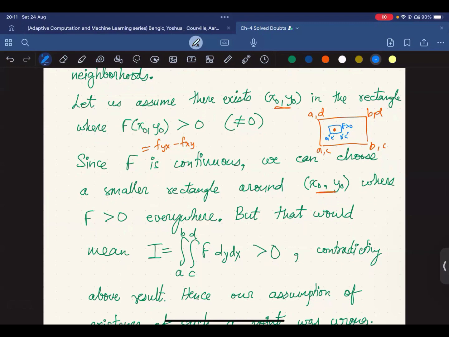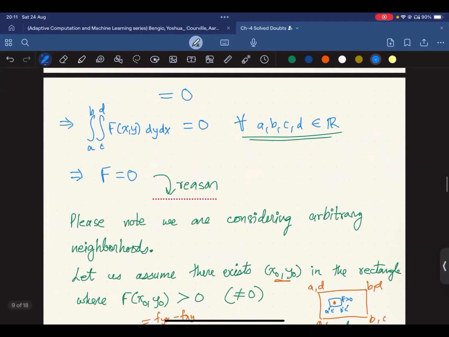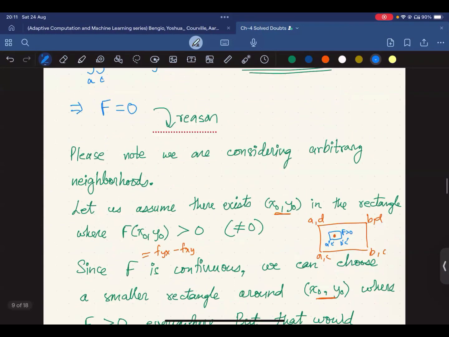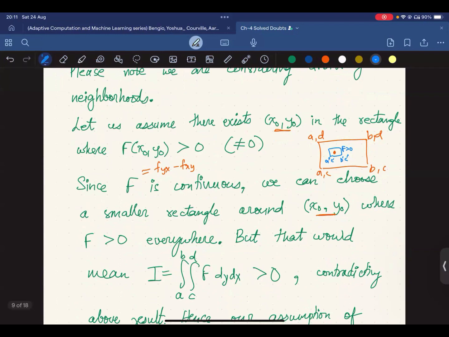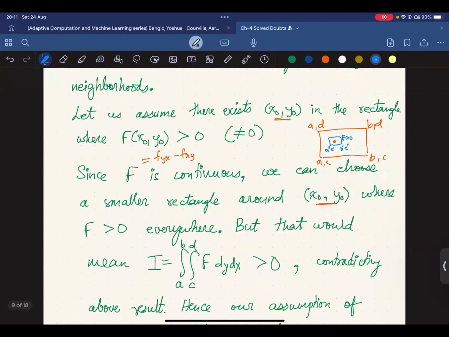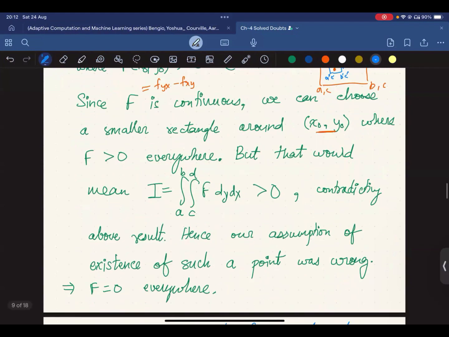But this will contradict the above result that for all rectangles, the integration comes out to be 0. But we found that for the smaller rectangle, integration is greater than 0. So our assumption about the existence of a point where the function is not 0 is itself wrong. So the function must be 0 at all points. So that is the reason.